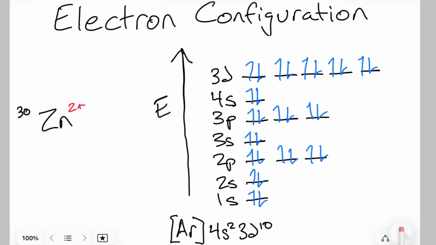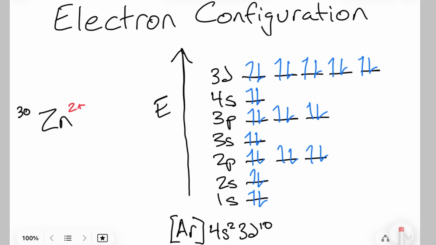Now, how would we do this if we were asked to write the electron configuration diagram for zinc with a 2+ charge? The simplest way to do this is to just draw out the electron configuration diagram for the neutral atom and then remove electrons. Now, there's a subtle rule we have to follow here when we're taking electrons out, and there are d orbitals in play. We actually are going to take electrons out of the 4s orbital before we take them out of the d's.